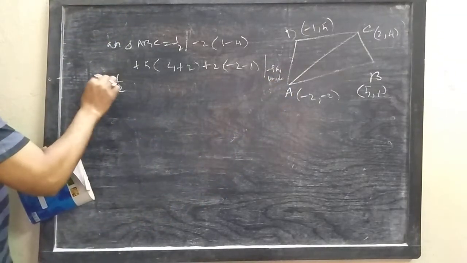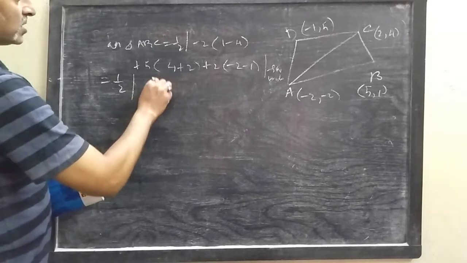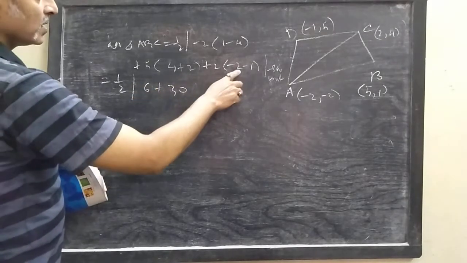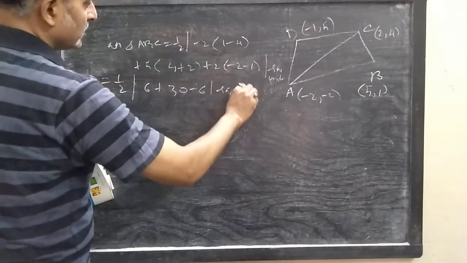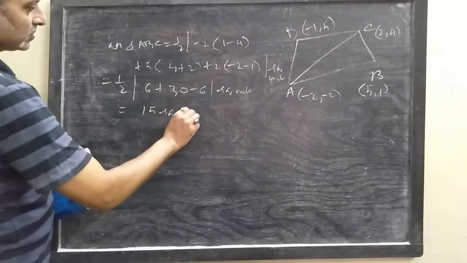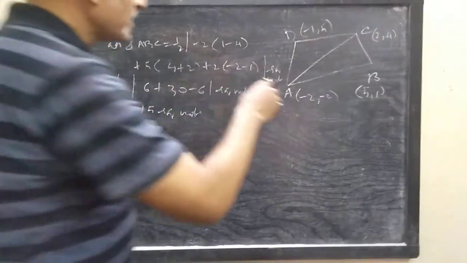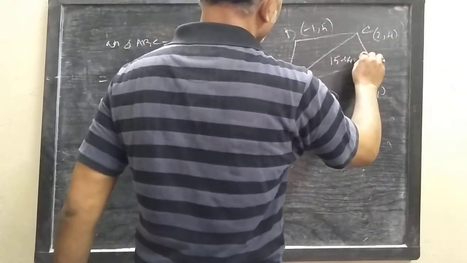This will be half mod of -3, so 6, 6 fives are 30. This is -3, so -6 square units. This will be 15 square units. So this part of the quadrilateral we have found is 15 square units.